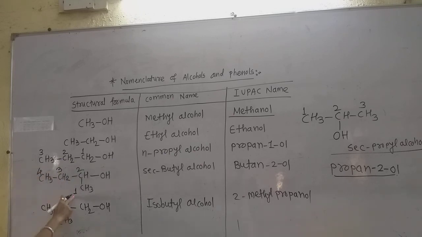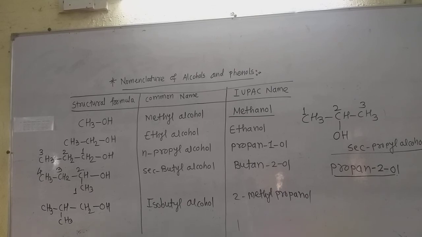Now here the carbon number 2 has the hydroxyl group directly attached, and this is the nearest carbon for the OH group. So we give numbering from this side. Now what is the IUPAC name first?